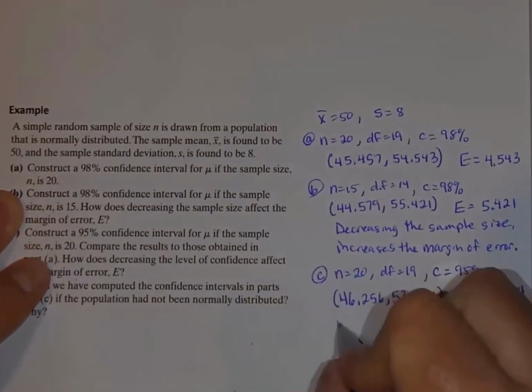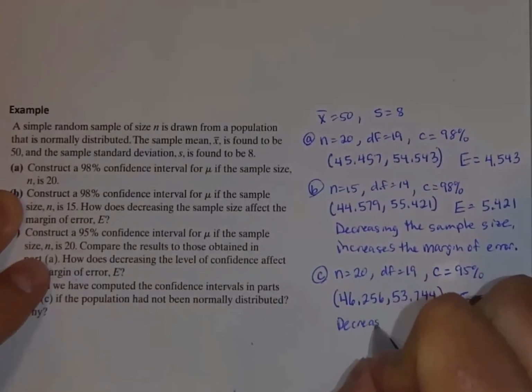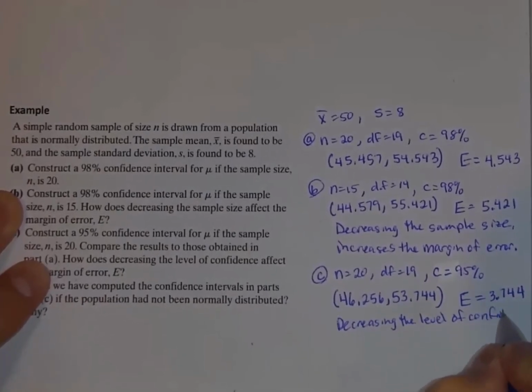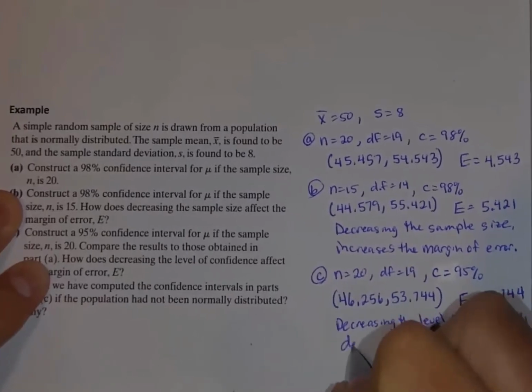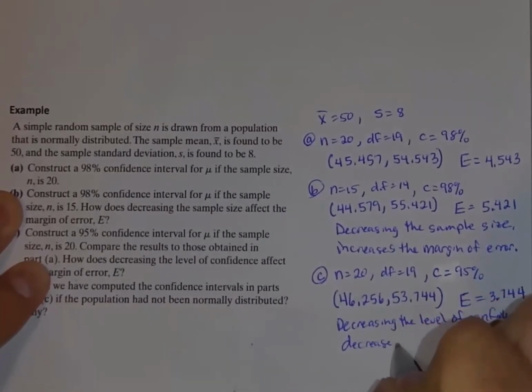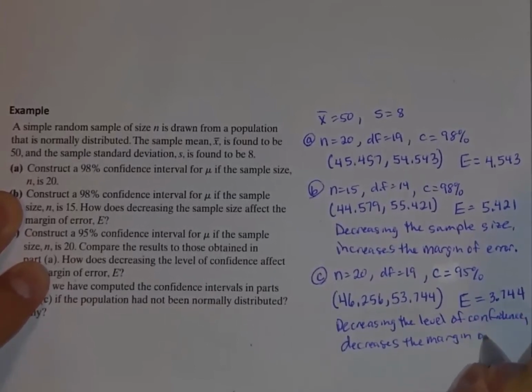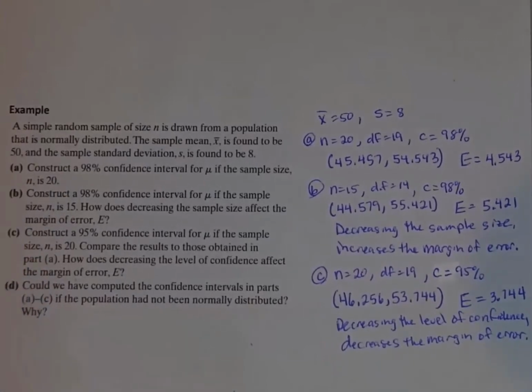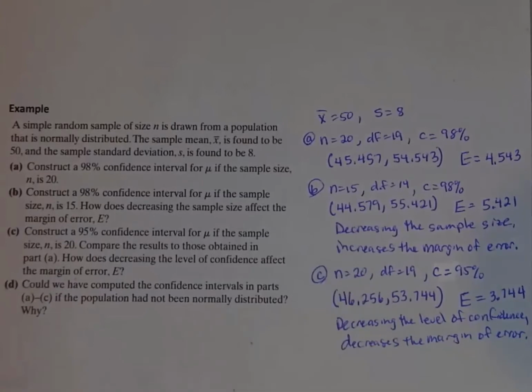So decreasing the level of confidence decreases the margin of error. And just to be clear on that, if it decreases the margin of error, then that gives us a narrower confidence interval. Whereas in B, if I decrease the sample size, that gives us a wider confidence interval.